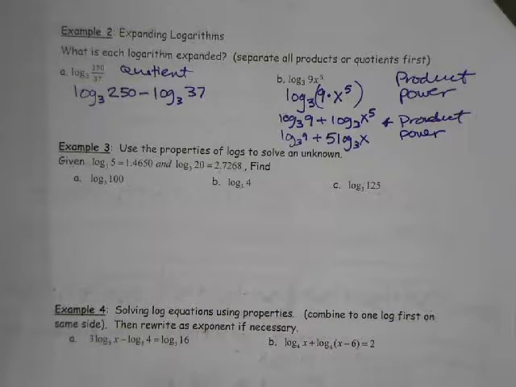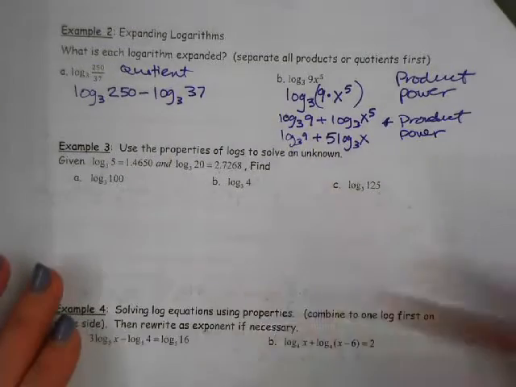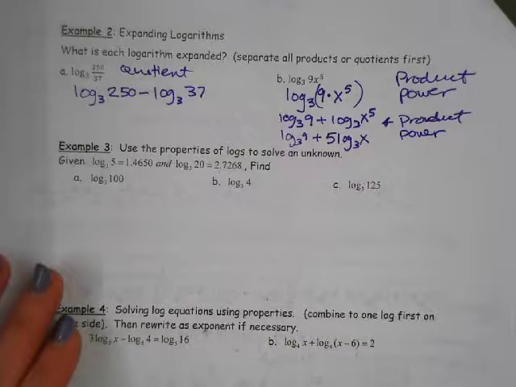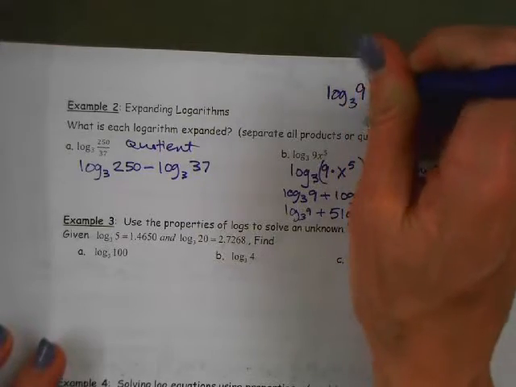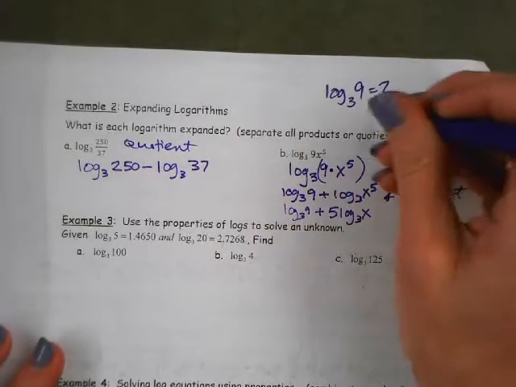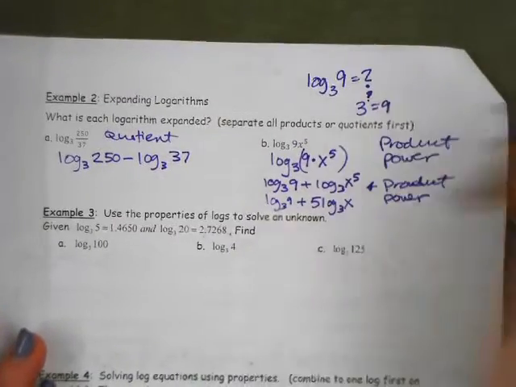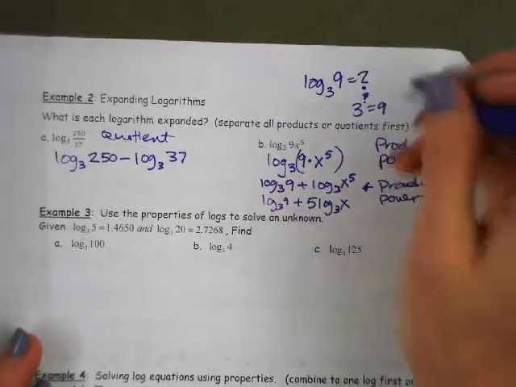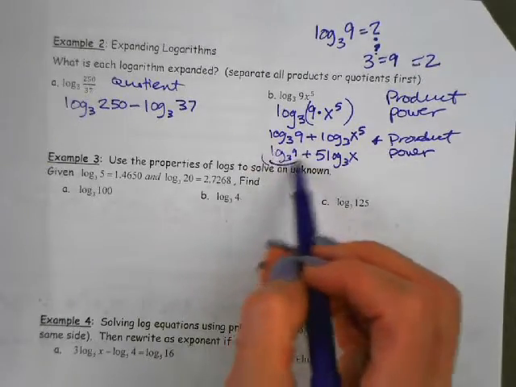Alright, at this point, then I want to see if there's any other simplification I can do in general. Log base 3 of 9, what does that evaluate to? So basically it's saying log base 3 of 9 equals what? 2. So 3 raised to what power equals 9? And that's 2. Okay, so this equals 2. So 3 squared gives me 9. So this right here equals 2.